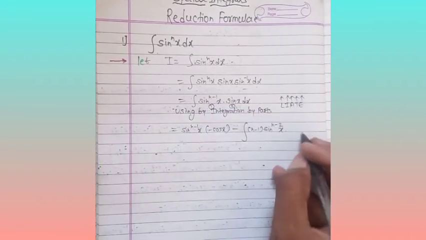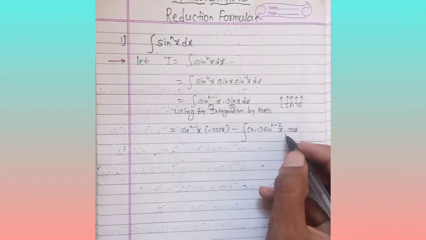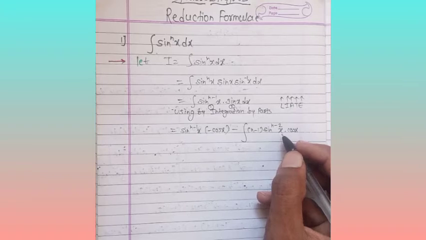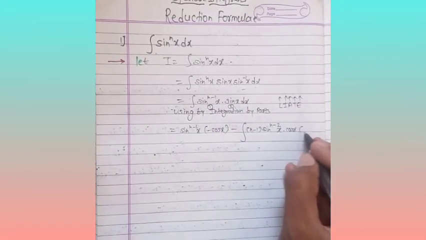So the derivative of sin x will be cos x. You have to keep in mind that we have to take the derivative only, not the integration. Then into the integration of sin x, that is minus cos x dx.